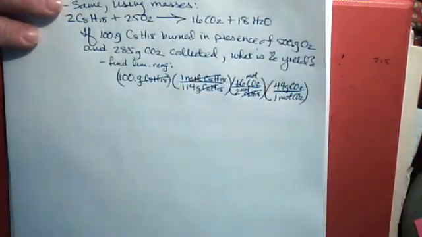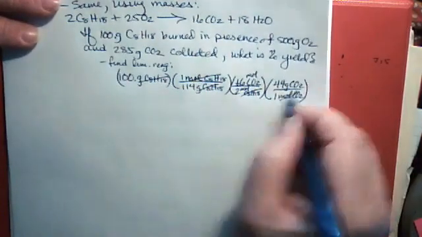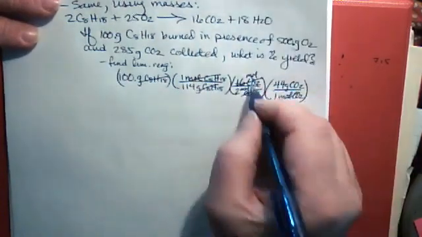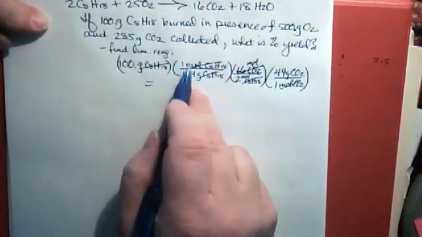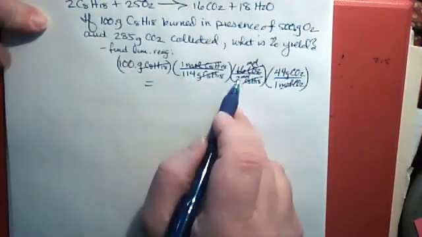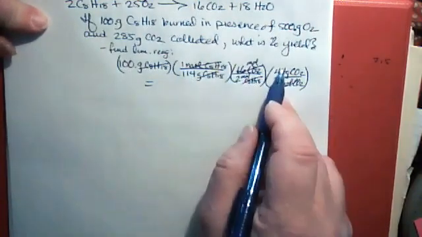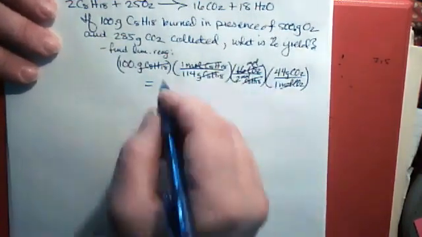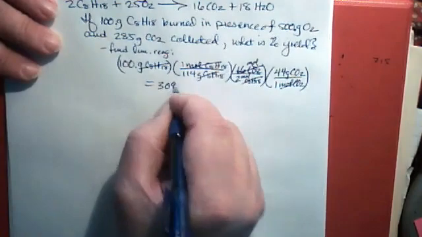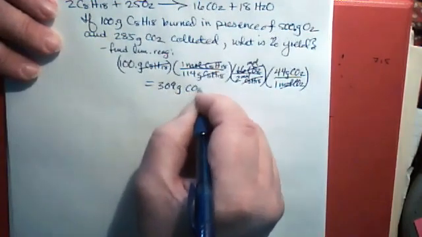And then we can use the molar mass of CO2 to convert to, whoops, grams of CO2. And then if you take 100 divided by 114 times 16 divided by 2 times 44, you will have 309 grams of CO2 based on the octane.